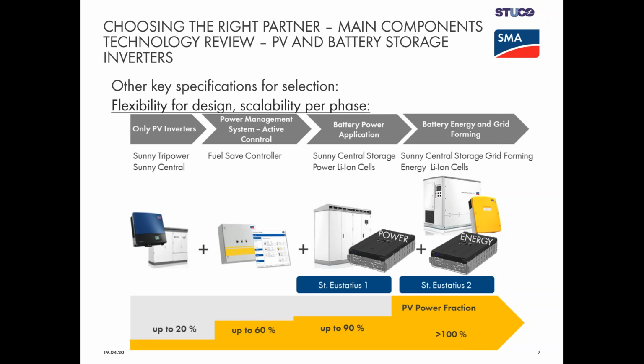And then for St. Eustatius, our phase 2 project, where we added a similar size as phase 1. When I say similar size, the requirement of PV energy in phase 1, the contracted amount in the tender was 3.2 gigawatt hours.